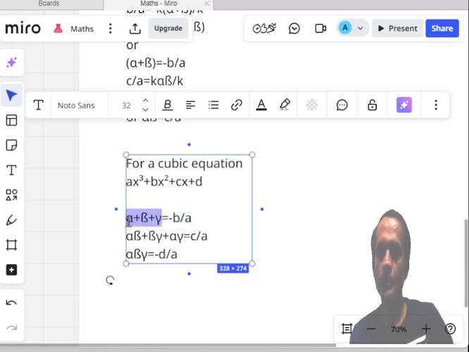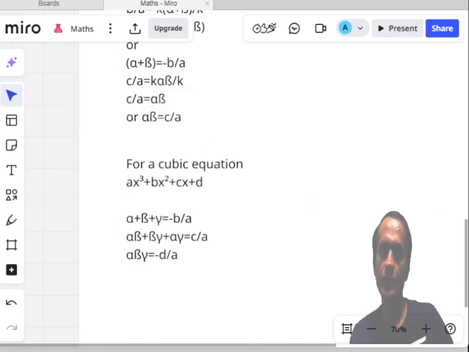The sum of zeros is equal to minus b by a, the coefficient of x square divided by the coefficient of x cube. The sum of the product of two zeros taken at a time is c by a. And the product of three zeros is equal to minus d by a.